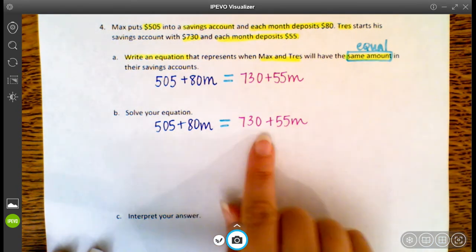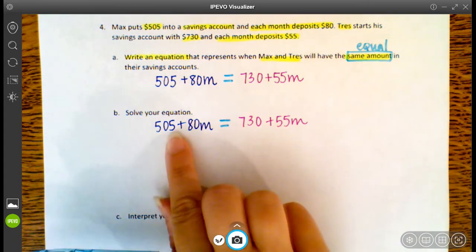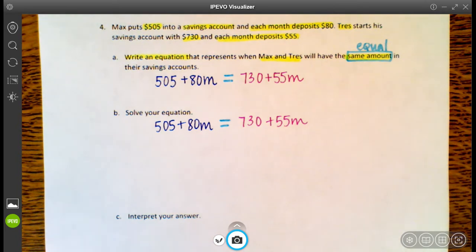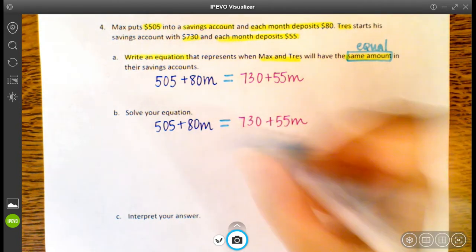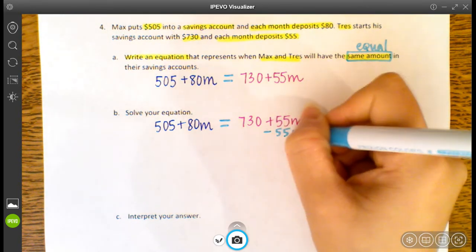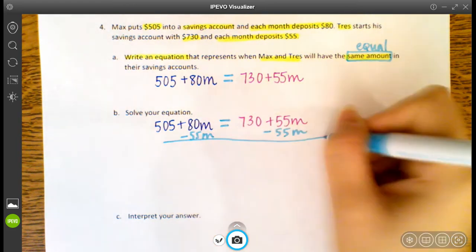So as we look here, we don't have any parentheses. We don't have any like terms on the same side. So now we need to undo our operations. So 55M is smaller than 80M. So to move a positive number, we are going to subtract the 55M to the other side.